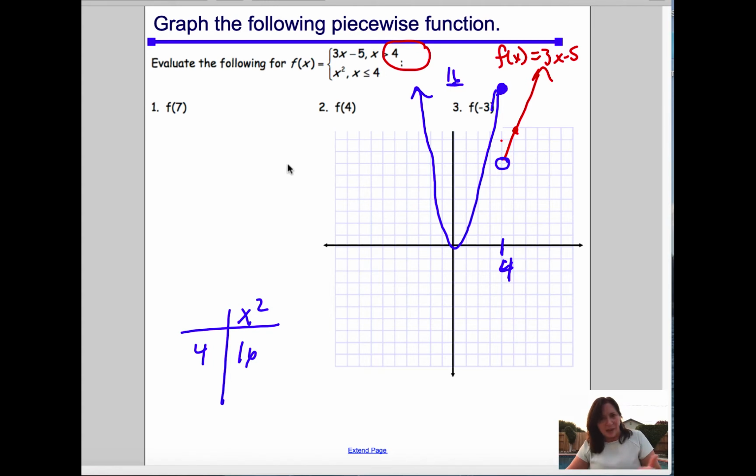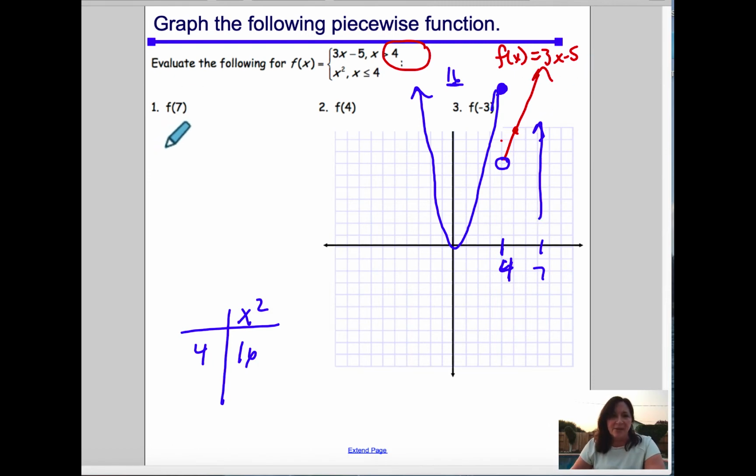So now that I've graphed this piecewise function, parts of it, I'm going to plug these values in. So f is 7. So I'm going to plug in 7, now which equation do I plug it into? That's what you have to decide. If I plug it into this left side, there's no values there because 7 is over here. And if I were to plug in 7, I can only plug it into the line equation.